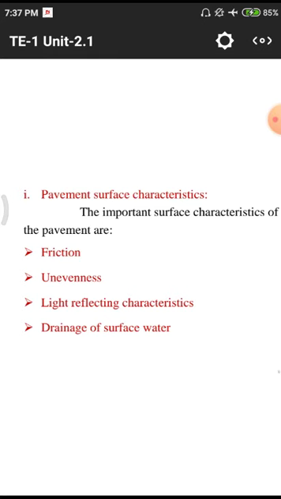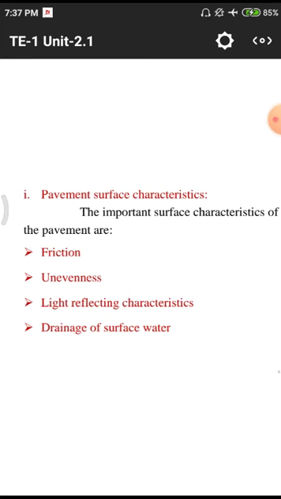Whenever sun rays fall on that road, those rays are directly reflected back to our eyes, so that front vehicles and back vehicles cannot be observed, due to the light reflecting characteristics of particular roads, due to the material properties mainly we are using and surface characteristics. Those surface characteristics mainly depend upon those material properties. So light reflecting characteristics also majorly deal with this pavement characteristics.